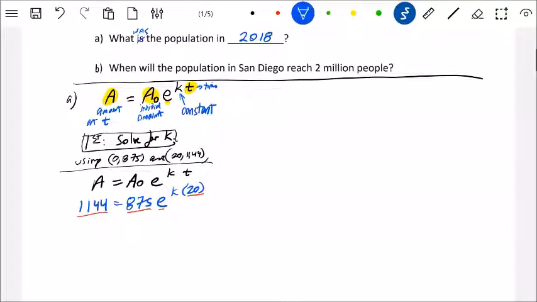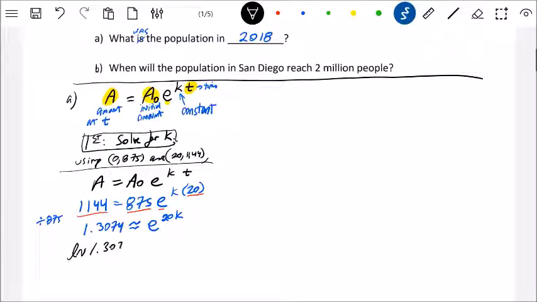The first thing we'll do is divide by 875 on both sides, and that gives us approximately 1.3074 equals e to the 20k. This is where we use log, or natural log. Because it has an e in it, we use natural log.